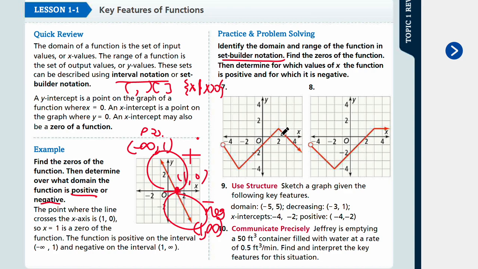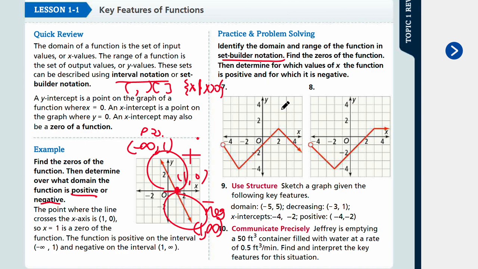because we have different parts, different functions over the intervals, right? But then this graph starts here and it does not include this point when x is equal to -5, right? So your domain, when you use interval notation, is going to have a parenthesis, not a bracket.